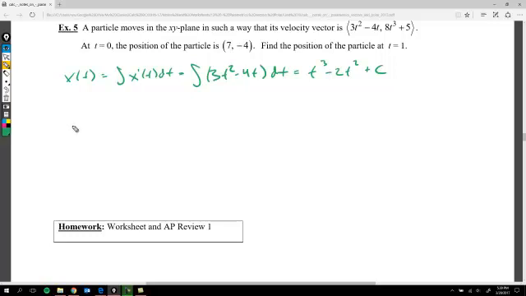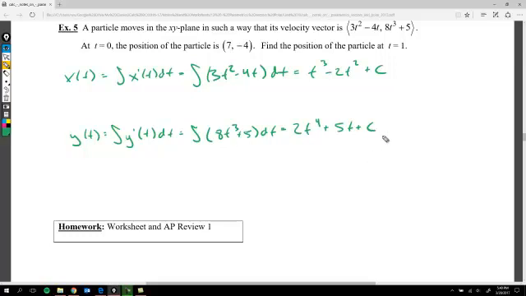My y part of my vector is the integral of y prime of t. So the integral of 8t cubed plus 5 with respect to t. We get 2t to the 4th plus 5t plus c. So that's what y is equal to.